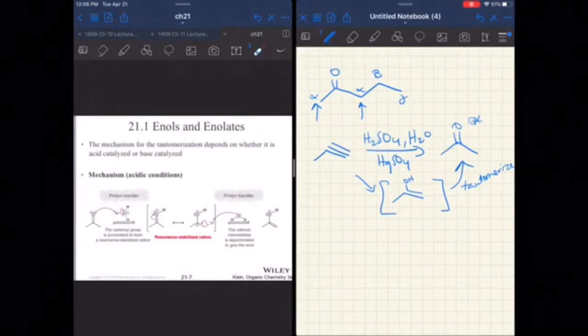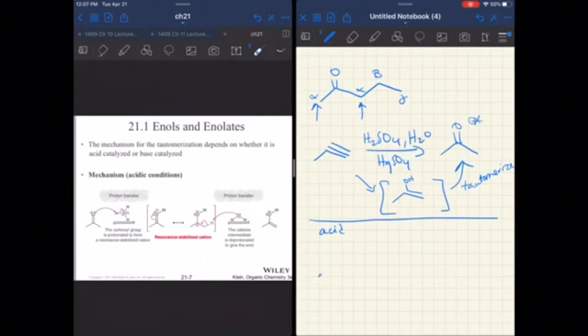The mechanism for tautomerization. I know this is something I teach in Organic 1, but since we are going in the reverse direction, let's go through it. This can be acid or base, and it's the same two steps. We're essentially just transferring protons via solvent, and we're either adding the proton or taking away the proton, and if it's an acid or base, those two steps will be switched.